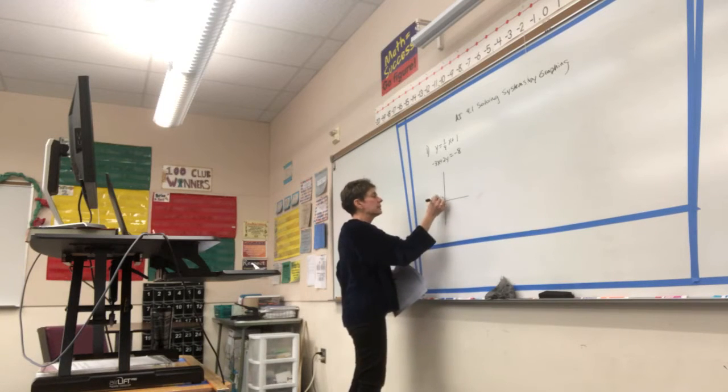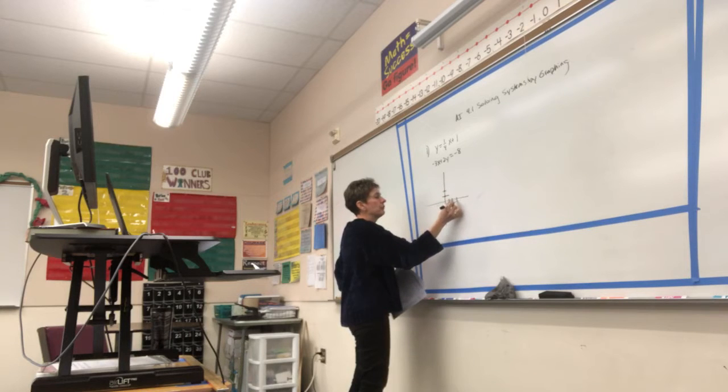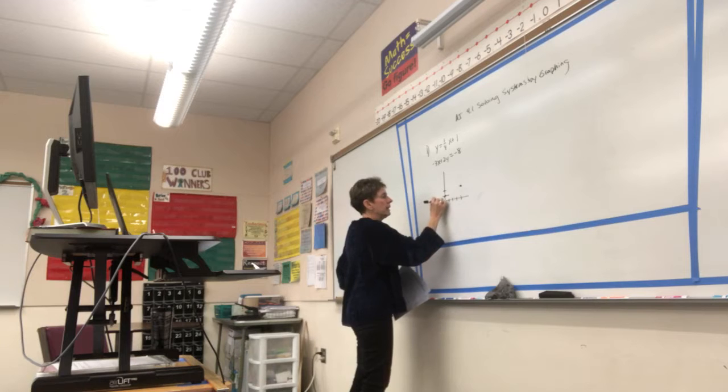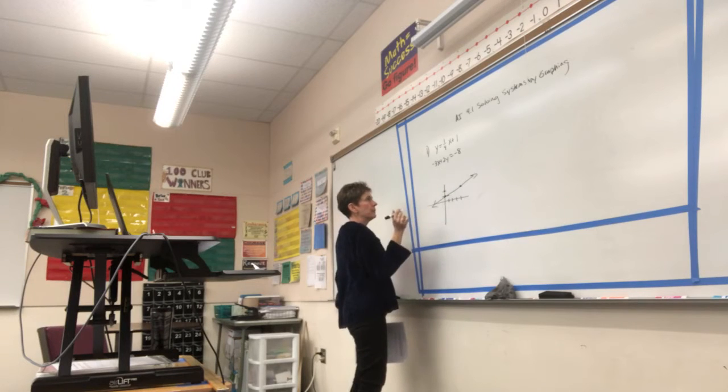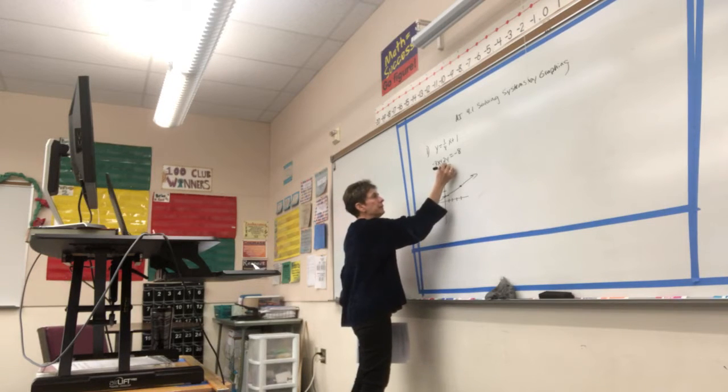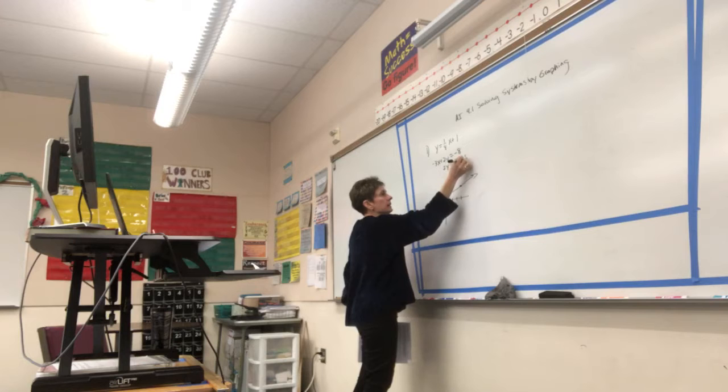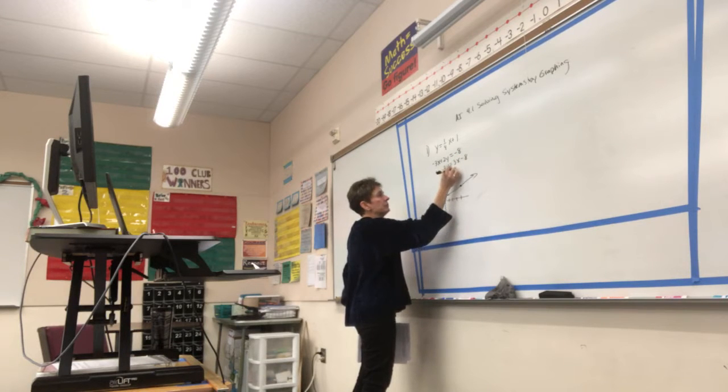The first line has a y-intercept of 1 and a slope of 1/4. So we're going to go up 1 and over 4 and draw that line in. And then the second line is not currently in slope-intercept form, so we're going to add 3x to both sides and then divide by 2.